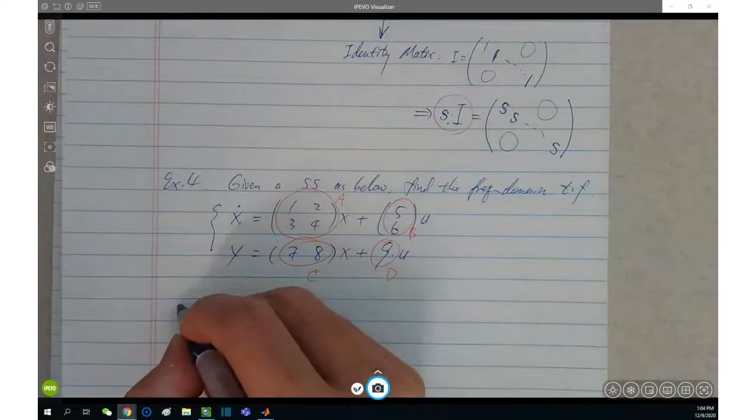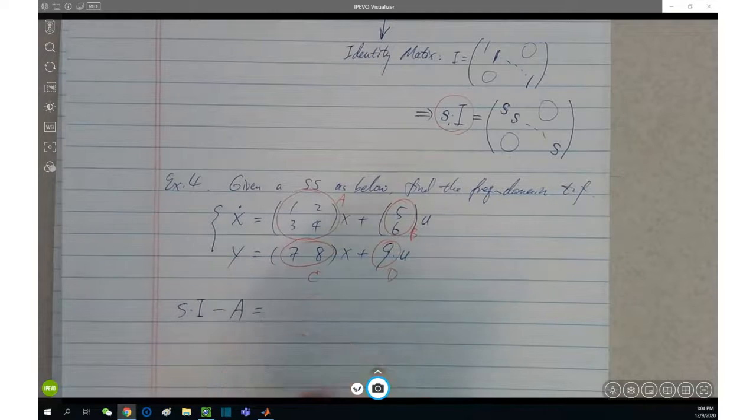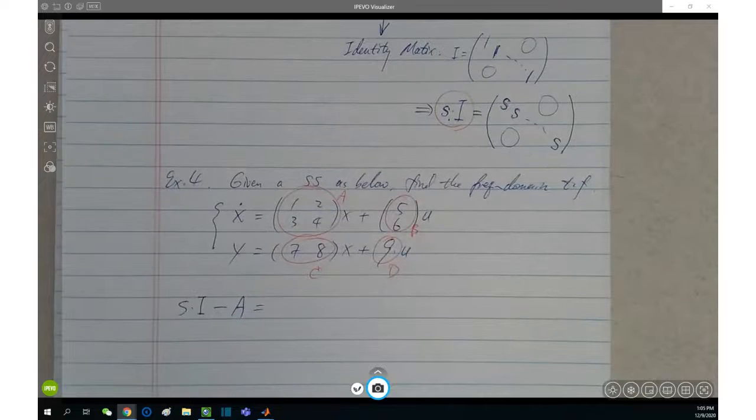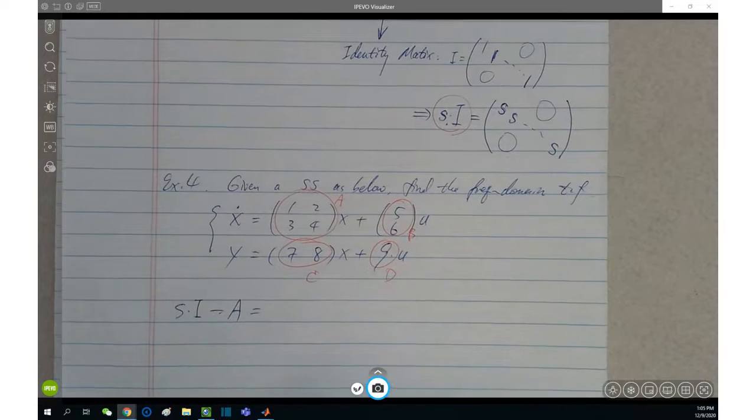Obviously, you want to begin with SI minus A, to see what matrix this is. First of all, what is your expectation on the resultant matrix? What's the dimension of it? What are you expecting? 2 by 2. Very good. Noah is right. It's 2 by 2.